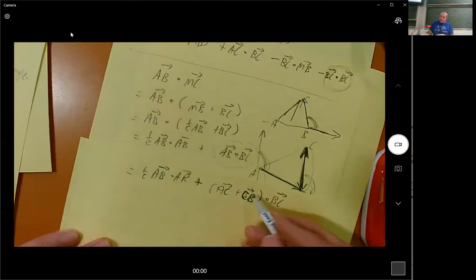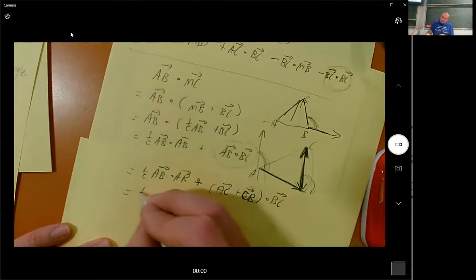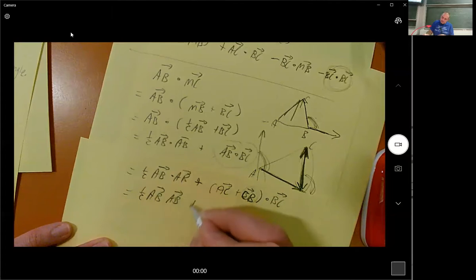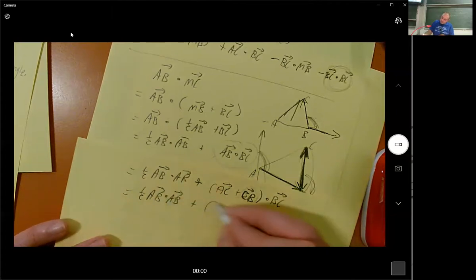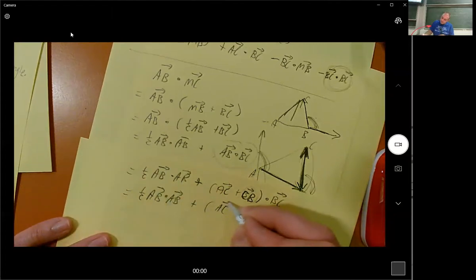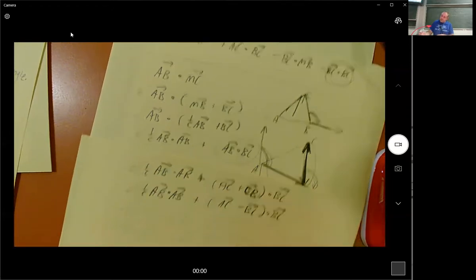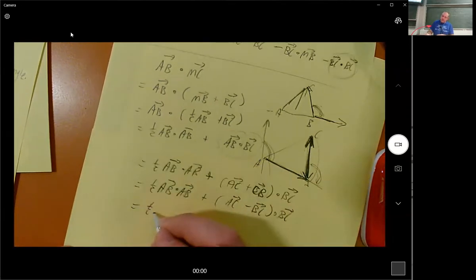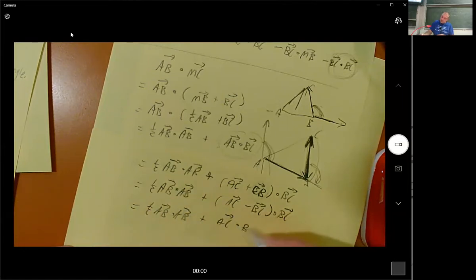And CB is minus BC, so I'm going to do that too. Okay, so I've got half of AB dot AB plus AC dot BC minus BC dot BC.